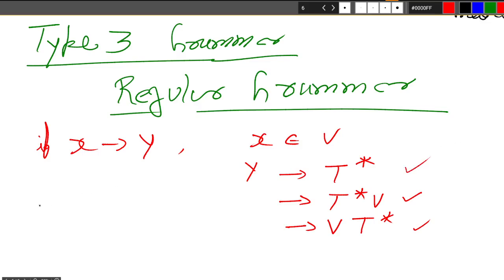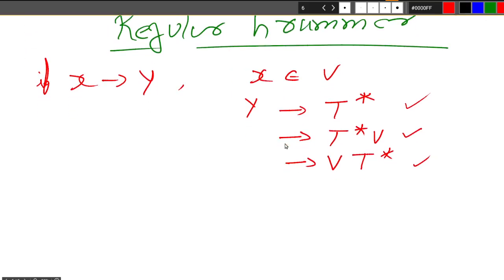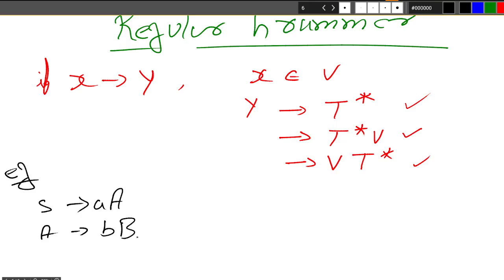For example, let me tell you, if you are keeping something like S gives AA and A gives B. Two productions, two rules I am showing you here.